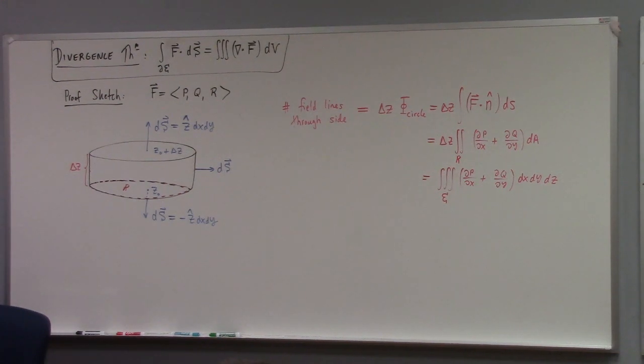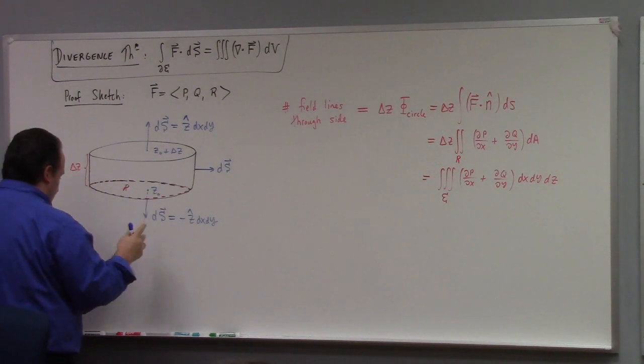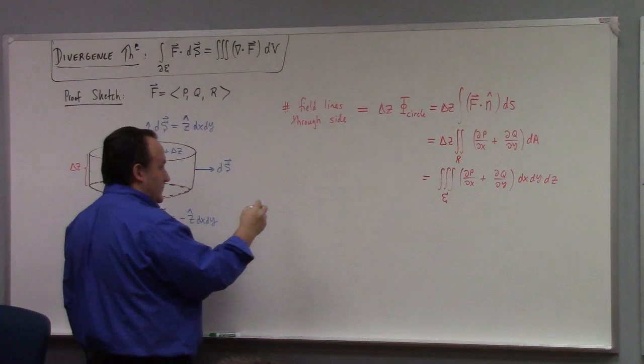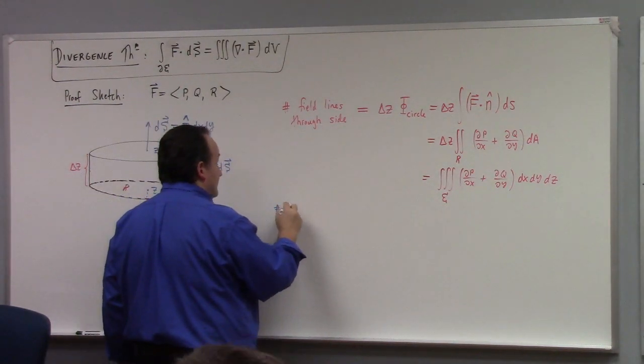And so that's the flux that goes out through the sides. How about the top and the bottom? What's the number of field lines through the top?